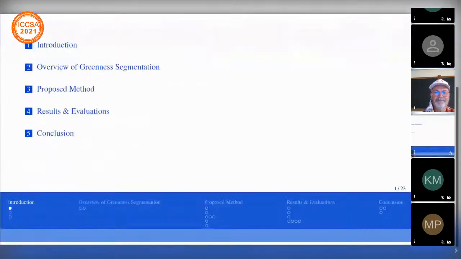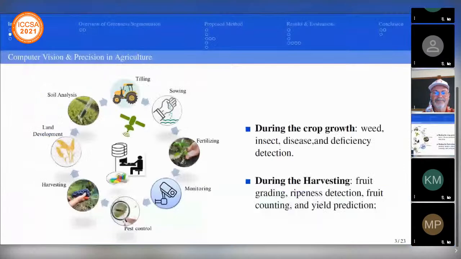Exploiting lands for agriculture is a closed circle that begins with tillage and finishes with harvesting. Nowadays, several steps of this circle are monitored using computer vision. So we can find it during the crop growth for weed detection, disease detection, or during the harvesting to recognize ripeness of garden fruit and so on.